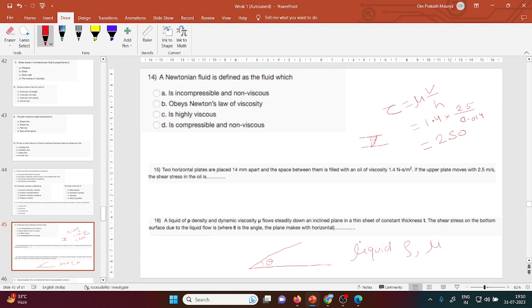Let's suppose this is a packet of liquid moving downward. So this is the diagram, and the question is asking about the shear stress at the bottom. Shear stress on the bottom, that is tau, is equal to what?